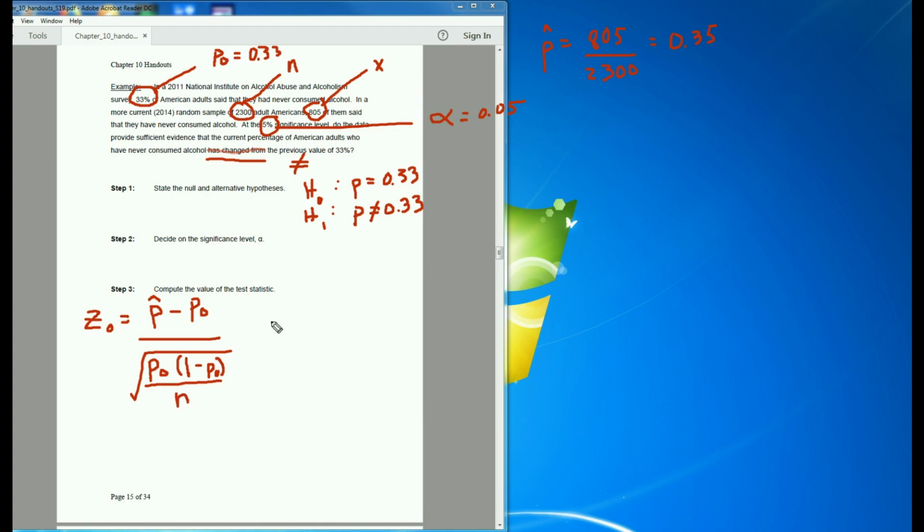We already know all those numbers, so let's plug them in. Our p hat was 0.35, minus our hypothesized value, the value that we go into assuming is still true, which is 0.33.